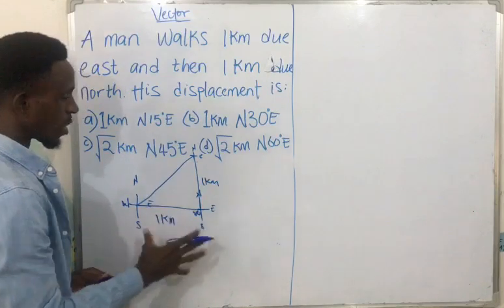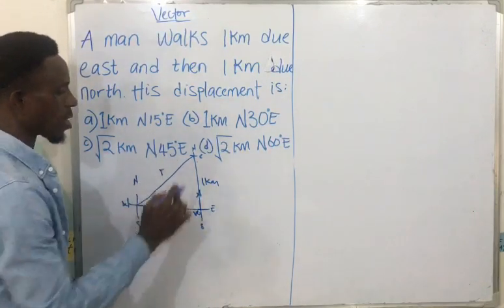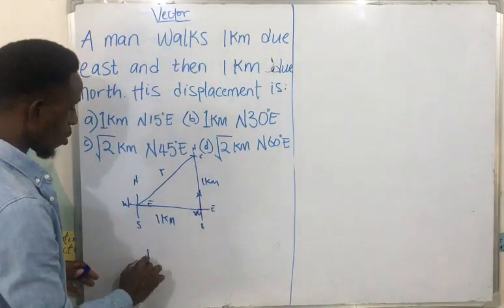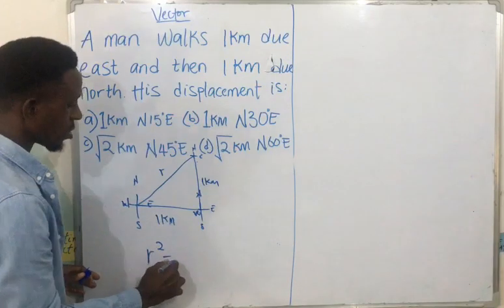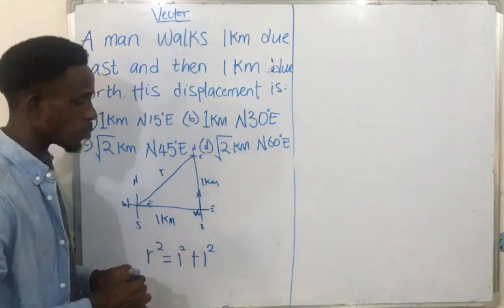We can use Pythagoras theorem to get his displacement. Let me give it as r, the resultant of these two distances. Now, my r squared is equal to 1 squared plus 1 squared. I'm using Pythagoras theorem.